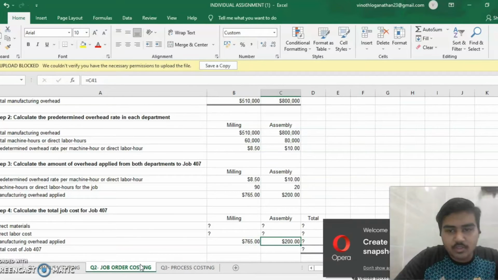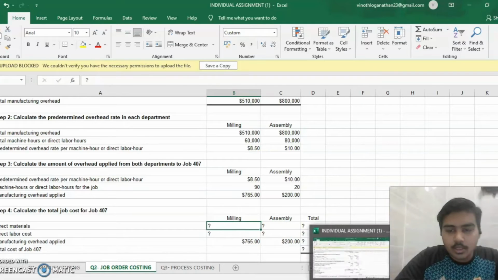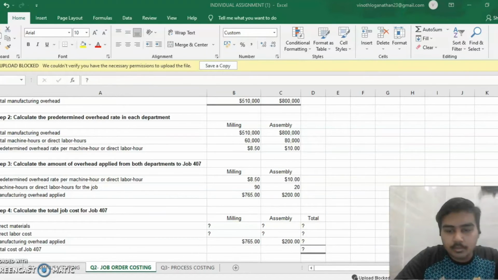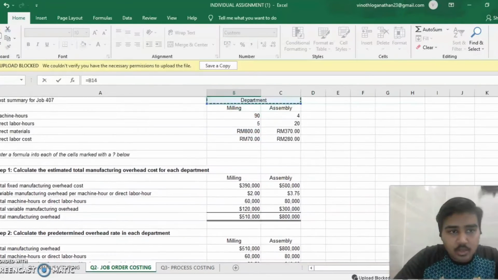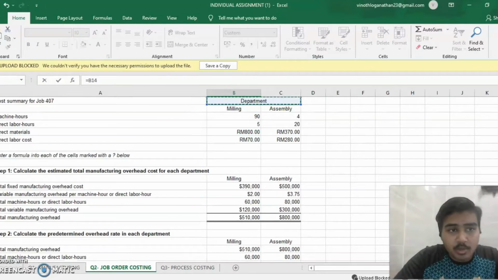So here 765,200. Sorry. Okay, and then here we have the direct materials. Direct materials are given on top, but remember we are still on the cost summary for the job.